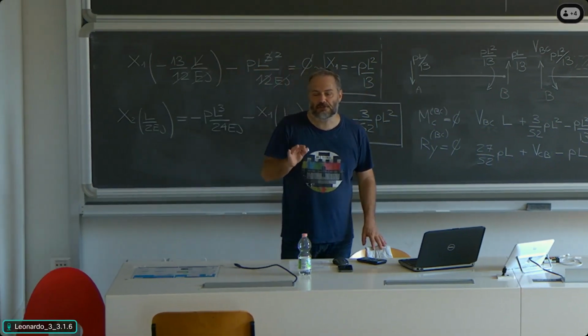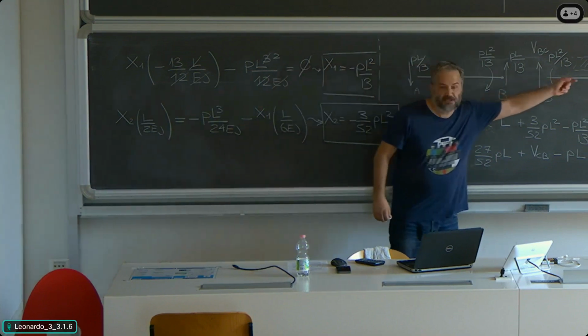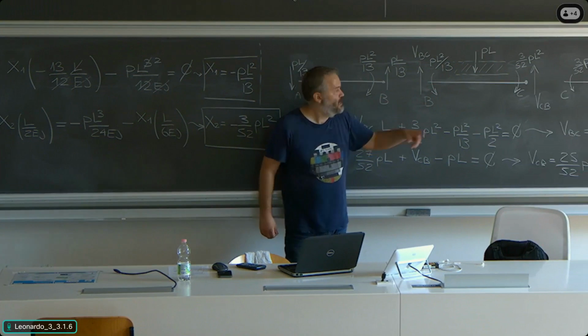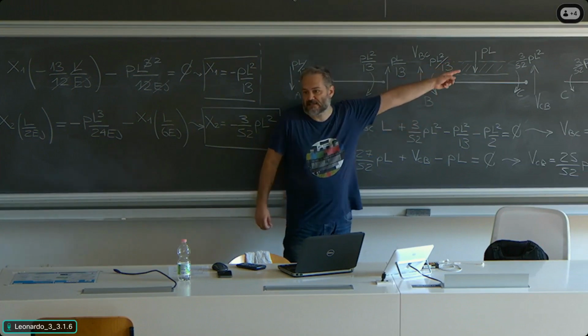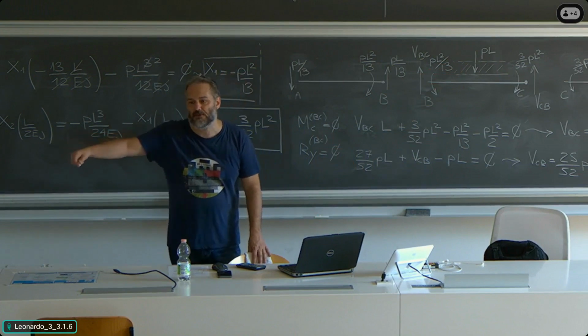I'm telling you this because it usually happens that during the written exams, you get the moments wrong. Okay? You get here a wrong value and the second a wrong value. Okay, this can happen. Means you made a mistake in the compatibility equations.